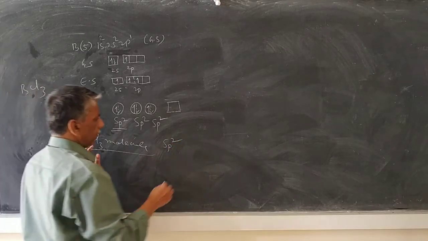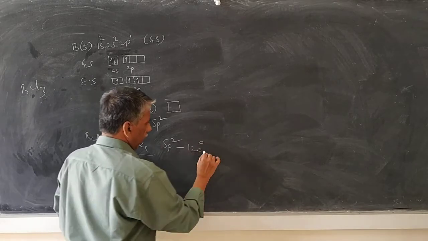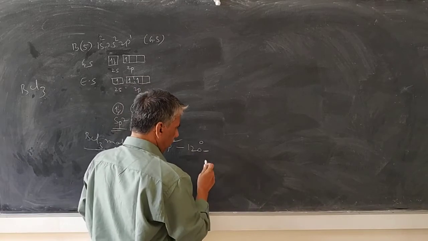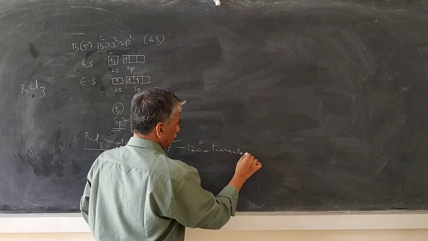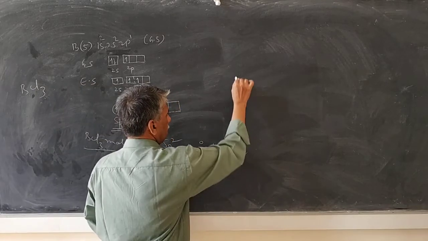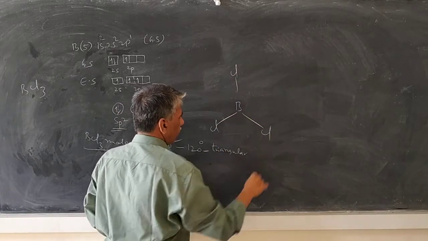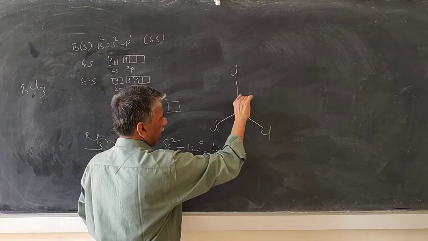Since the hybridization is sp2, the bond angle is 120 degrees. And the shape of the molecule, the geometry of the molecule, is triangular. So I shall write here, this is the geometry of the molecule, and you can measure any angle.